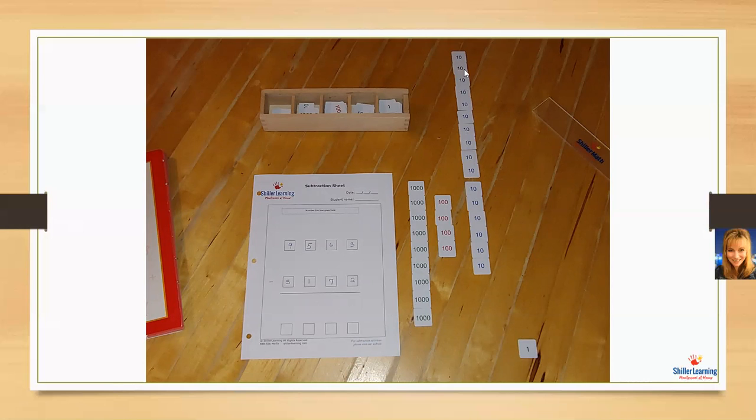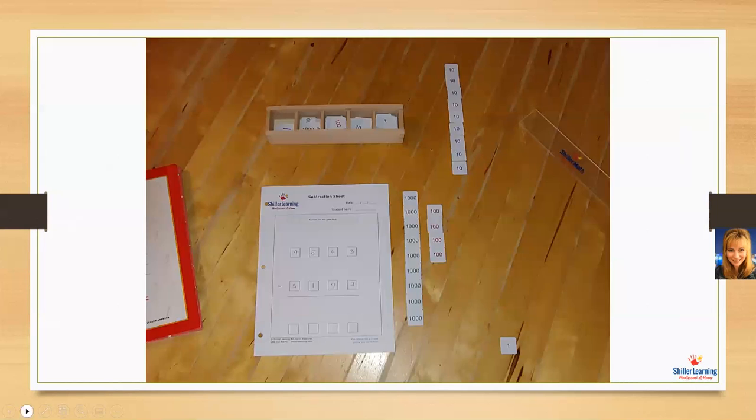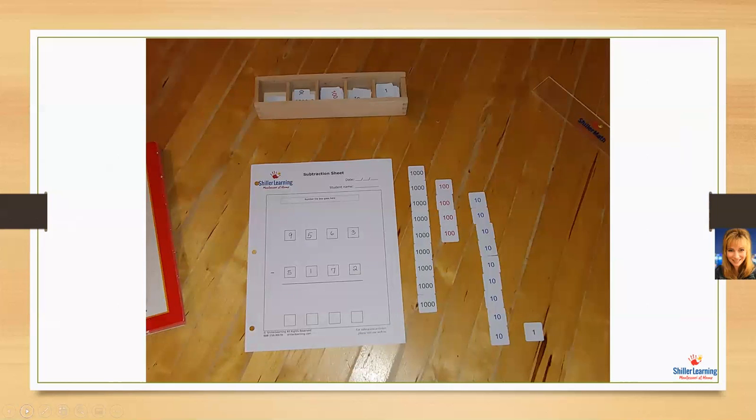And of course, now we have the 16, and we're going to take away 7 of those. And then we are left with just 9.